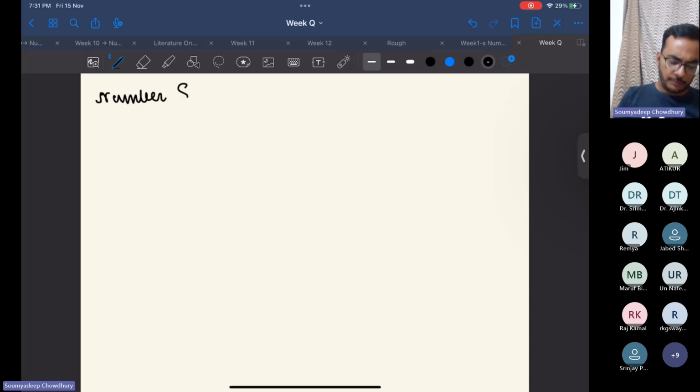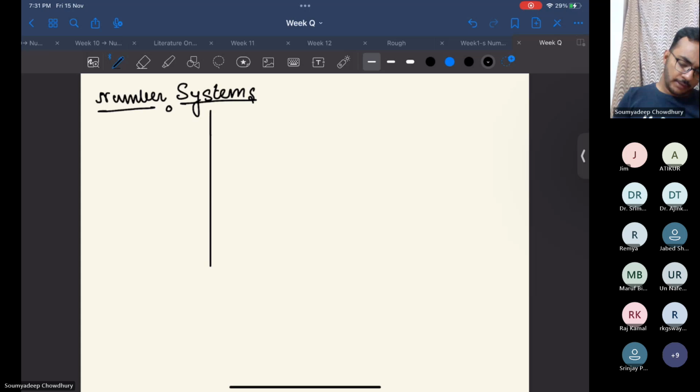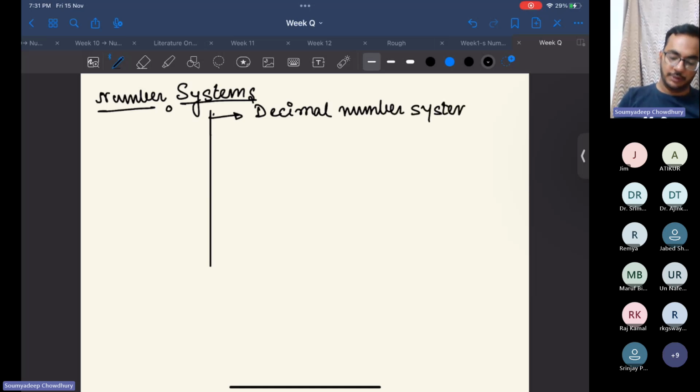It is a very small topic, I'll just finish it off quickly. There are basically four number systems. First is the decimal number system, which we use in most of our mathematical computations.